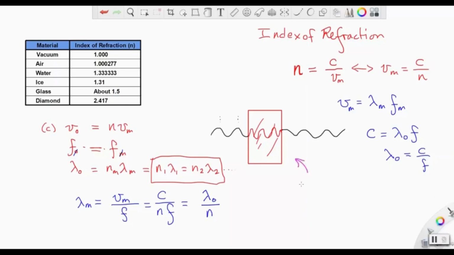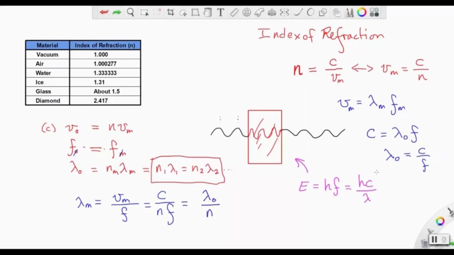So if we were to look at this in terms of energy, which of course we can, we'd say, okay, what is the energy in here? That is equal to Planck's constant times the frequency. We could also look at that as Planck's constant times c over lambda. That's going to be the energy outside the material. If we were to look at it inside the material, Planck's constant has not changed, right? The frequency has not changed, right?